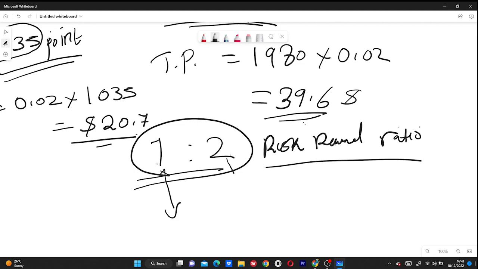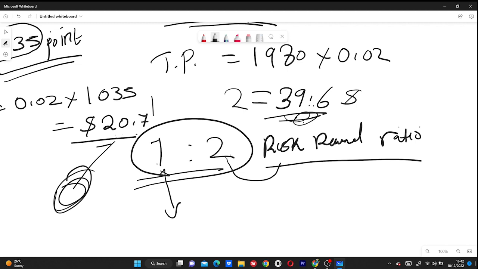For you to earn 2 times. That's why this is almost 2 times of this one. So this will be our stop loss. So you risk $20 to earn how much? 39, which is almost $40, almost 2 times of what we have calculated.